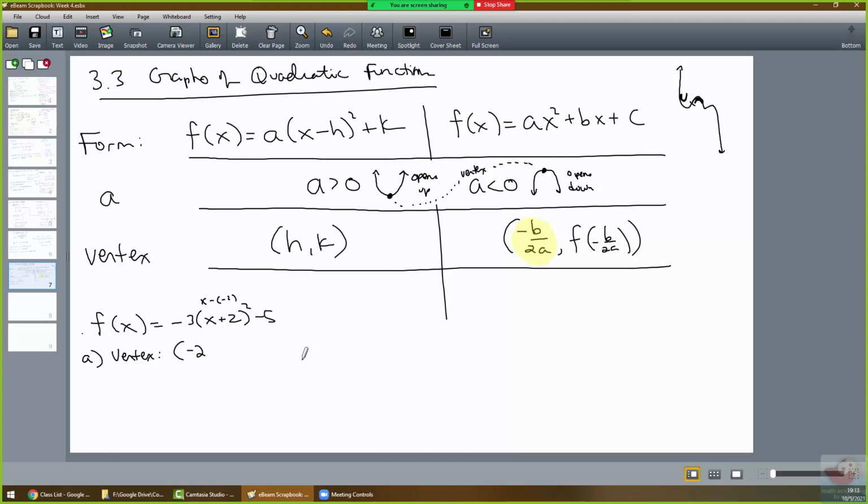We have -5. What's our k value? Careful, it's h comma k. The format says plus k, so this is plus -5. So k is -5. Good.